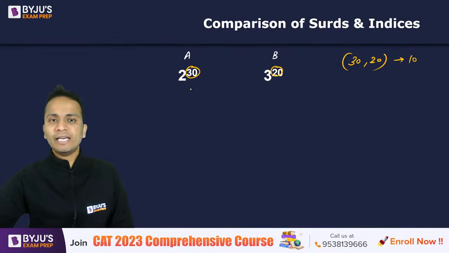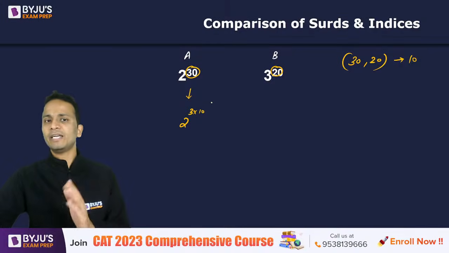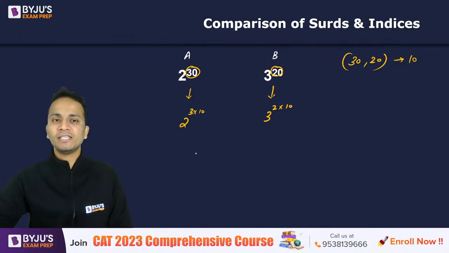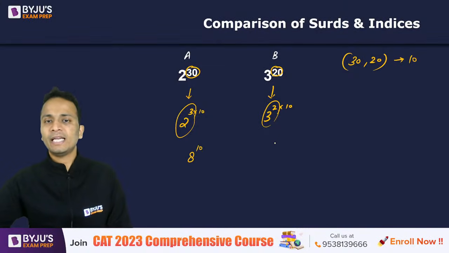Okay, so I'll write the first number as 2 raised to the power 3 multiplied by 10. I've separated 10. The second number I can write as 3 raised to the power 2 multiplied by 10. All right. Now keep 10 as it is and calculate the remaining part. The first one can be written as 2 raised to the power 3, which is 8, so 8 raised to the power 10, and the second one as 9 raised to the power 10.